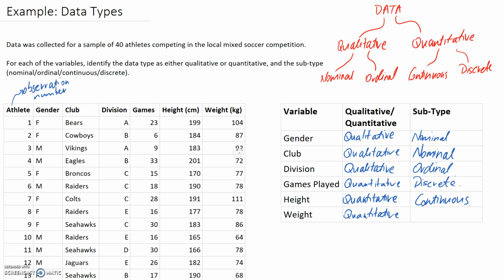It could be somewhere in here, 72.5984, whatever. You can measure it with an infinite number of decimals if you have the measuring capabilities. So therefore, it's going to be continuous. And we've finished filling out our table. So that's all there is for that video, and I'll see you in another one.